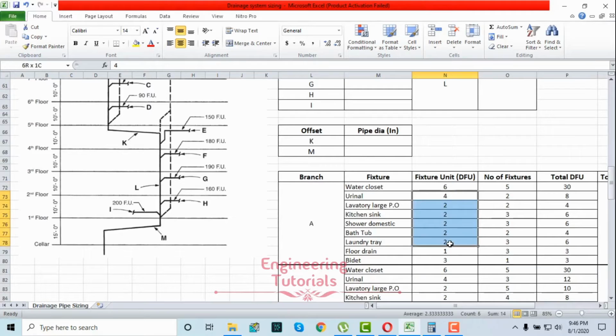In the same way, you have to write the drainage fixture unit value for each and every fixture. The number of fixtures given in branch A for water closet is 5, urinal we have 2, and lavatory we have 2.